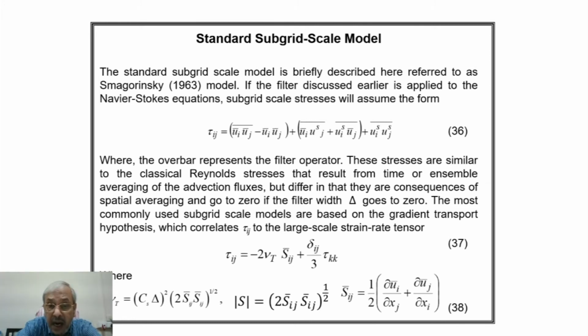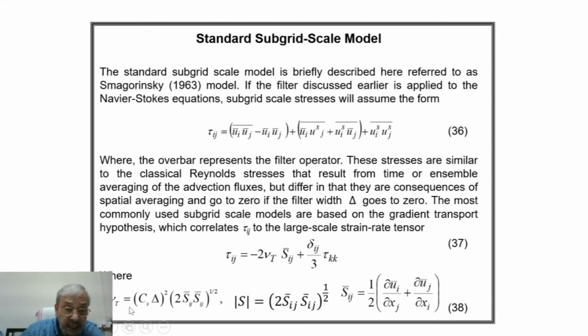The most commonly used subgrid scale models are based on the gradient transport hypothesis, which correlates tau ij to the large scale strain rate tensor, which is given by tau ij equal to minus twice nu t, something like an eddy viscosity, times Sij bar plus Kronecker delta ij tau kk by 3, because we know that this will be added with the normal stress. Otherwise, this will contribute as shear stress.